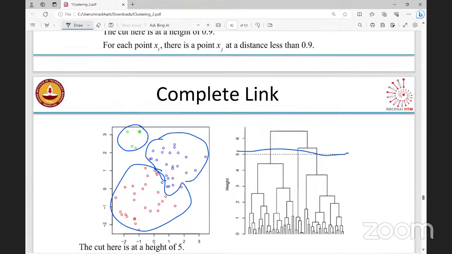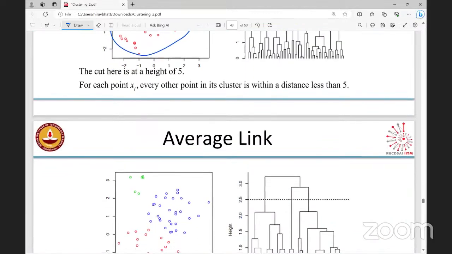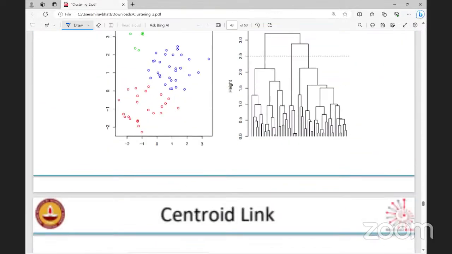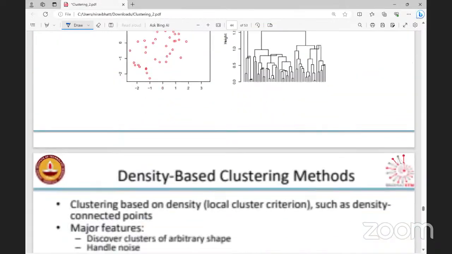Now there is an interesting point here: I do not need to have a circle, sphere or ellipse kind of shape. I can have irregular shapes. That's one of the advantages of hierarchical clustering, that it can lead to irregular kinds of shapes. Then I can do the same with average link, centroid link, and so on.